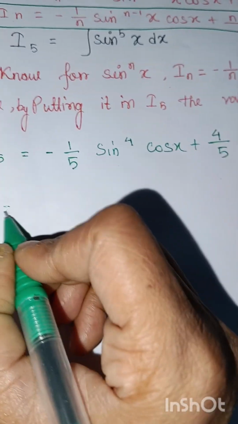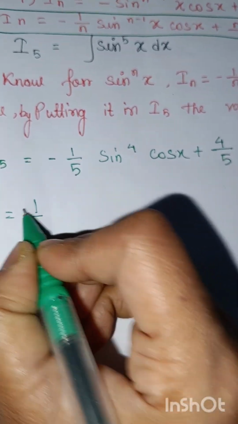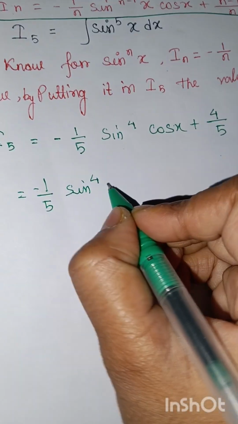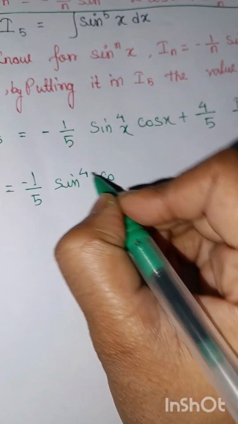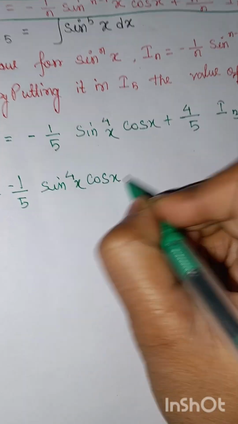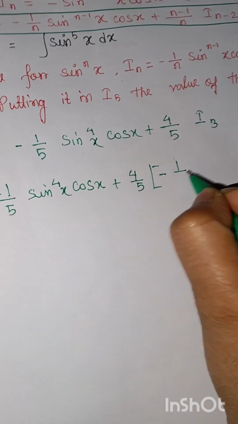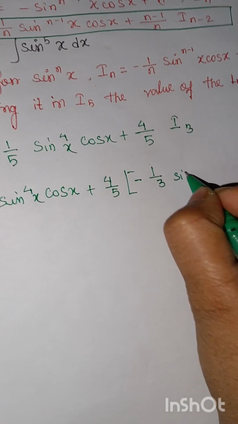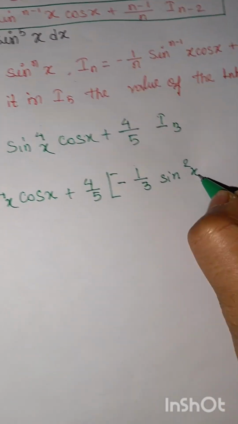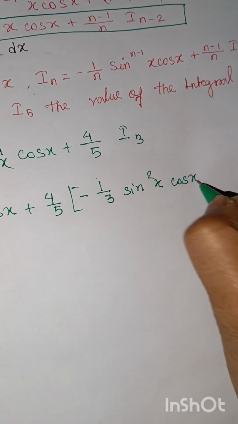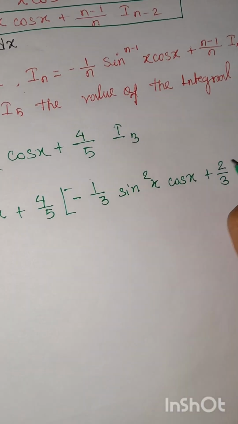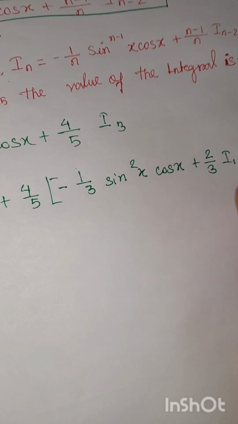So the next line: minus 1 by 5 sine to the power 4 x cos x plus 4 by 5, then again 1 by 3 sine square x cos x plus 2 by 3 and I n minus 2, that is I1 again.